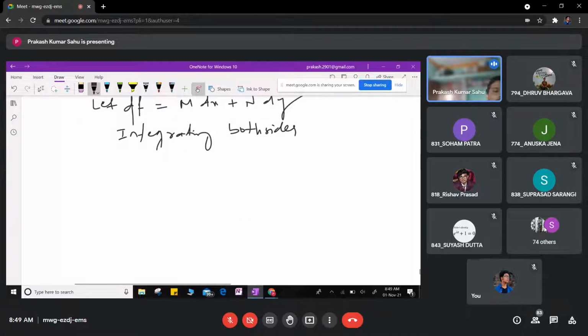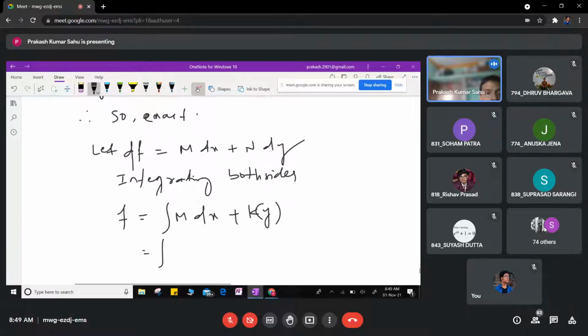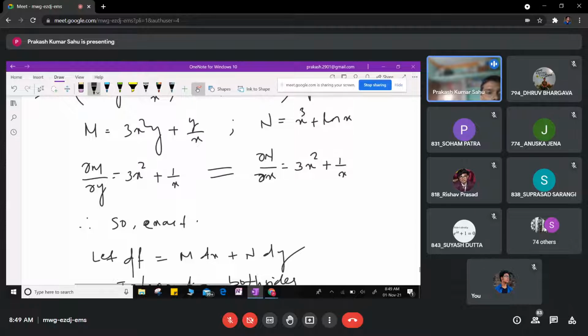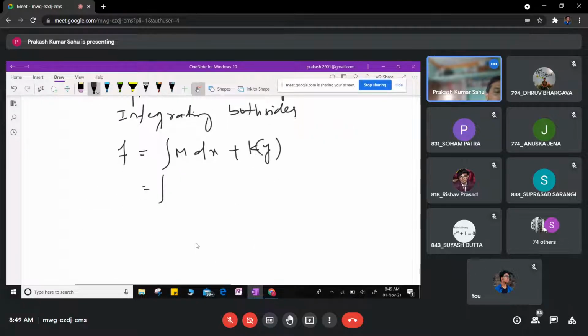So your f is equal to integration of M dx plus k of y. So this is equal to integration of M का value क्या है? 3x square y plus y by x, dx plus k of y.